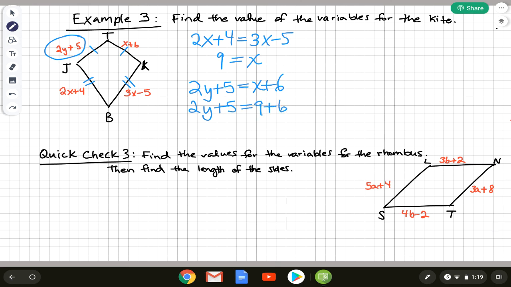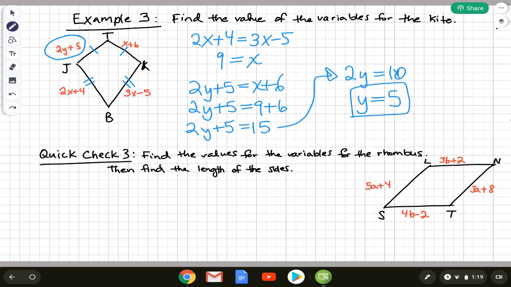So 2y plus 5 equals 15. Which leaves me with 2y equals 10 and y equals 5. So my two variables are y equals 5 and x equals 9.